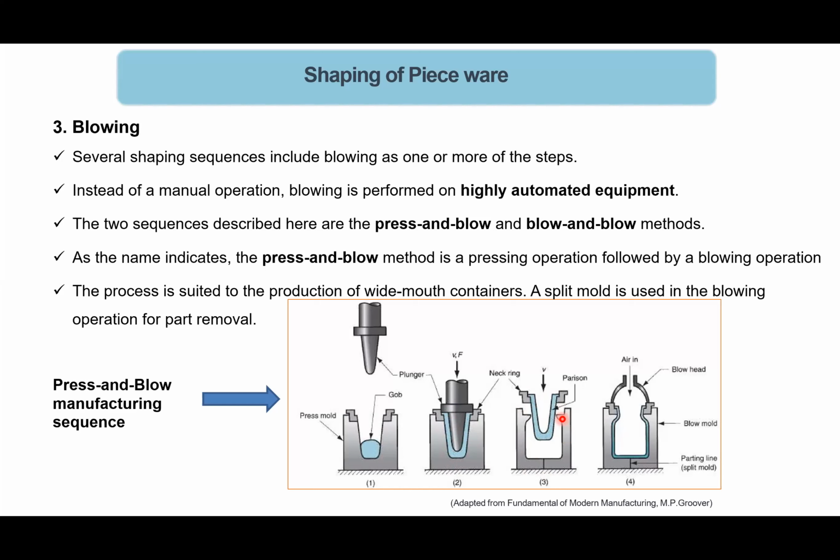With the help of the neck ring, we place this one here, and then we blow air. We apply air pressure in that place. This glass is not solid; it's still in the plastic state, and when we apply the air pressure, this structure elongates and sticks to the surface of the mold. Yes, sir, I understand. Thank you, sir. It gives uniform distribution of the glass.